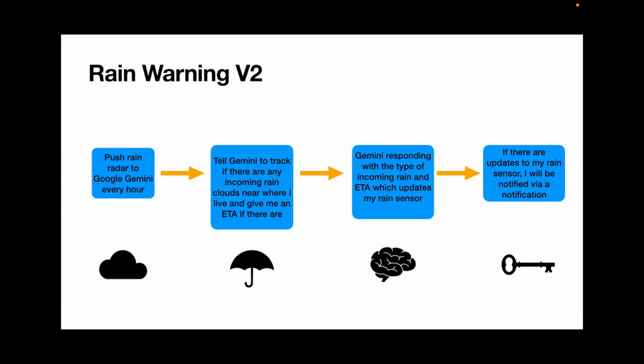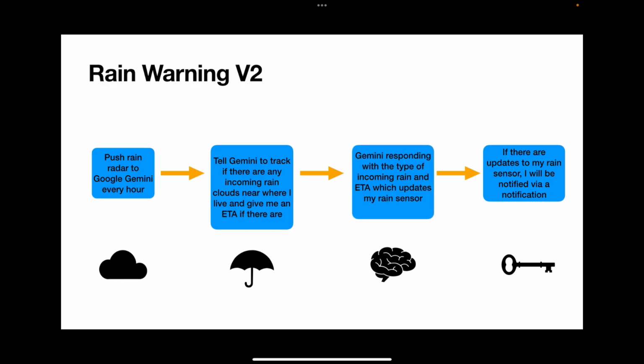So in my updated rain warning automation, I wanted to use AI to track the rain just like how I physically would. And how the automation works is like this. First, I'll push the updated rain radar to Google Gemini every hour, and in the prompt, I will actually tell Gemini to track if there are any incoming rain based on the movement of the clouds and the size of the clouds, and also give me an estimated time of arrival for this incoming rain based on how quickly it's approaching my location.